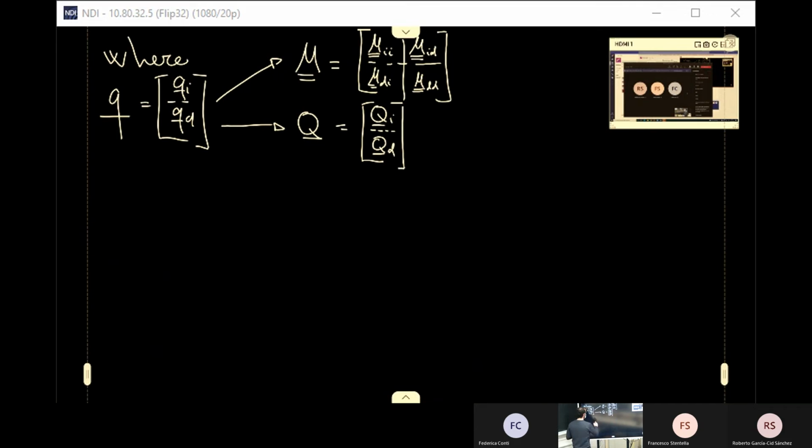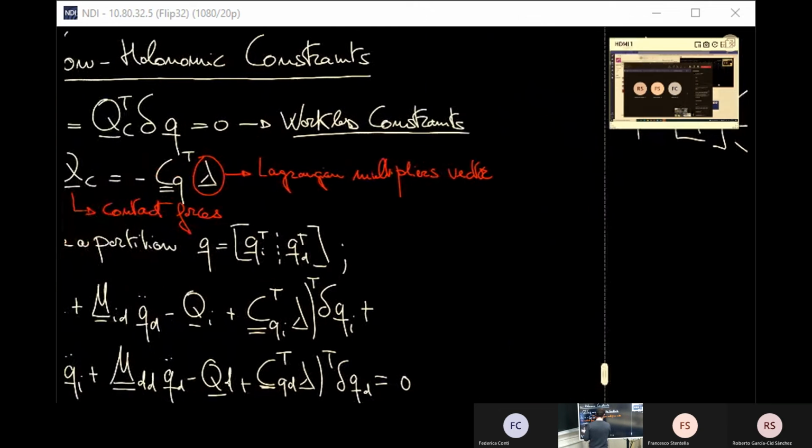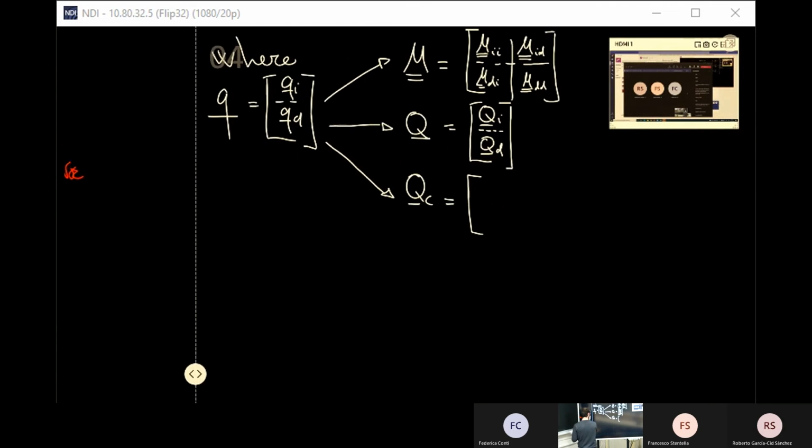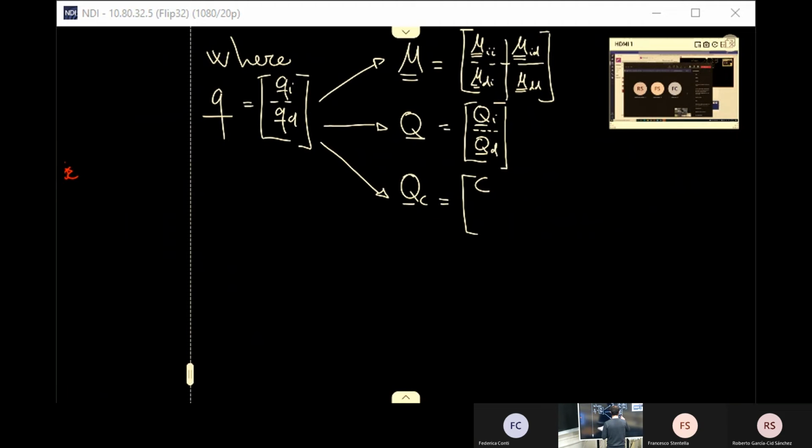Okay? And for the same exact reason, the Qc, the contact forces, are split into 2, which are this one here. Okay, so you have minus C_QI times lambda.